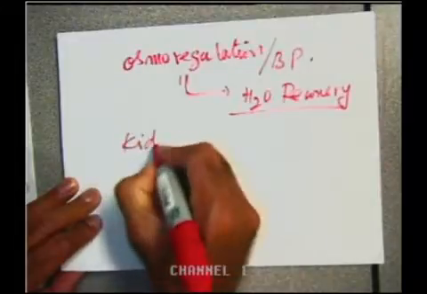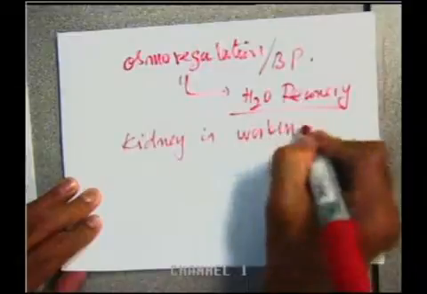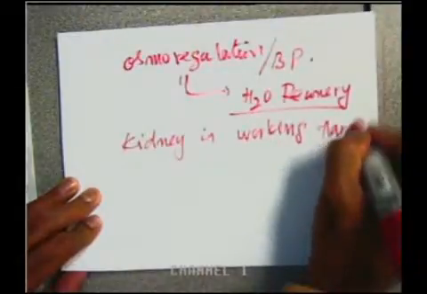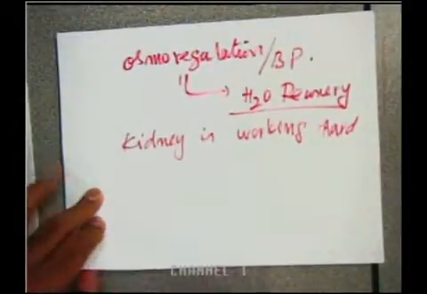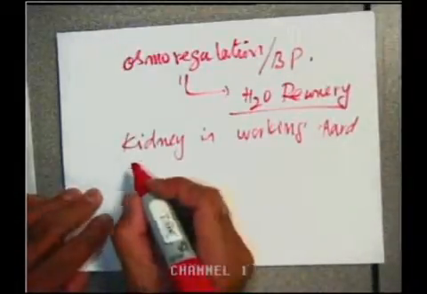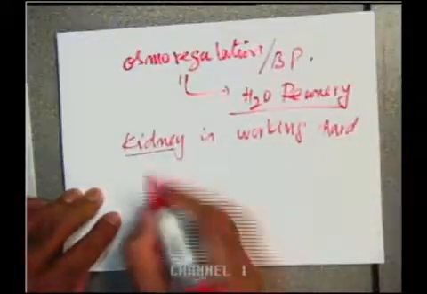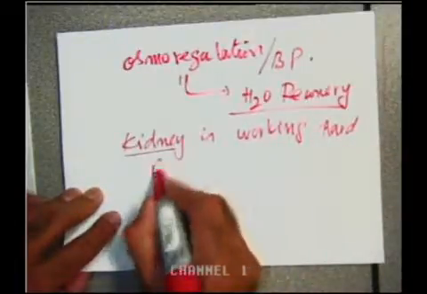Kidney is working hard. Every time, 179 liters of water is filtered out, right? And then getting back. It's a difficult task for the kidney now. Kidney is working hard. Okay. For what?